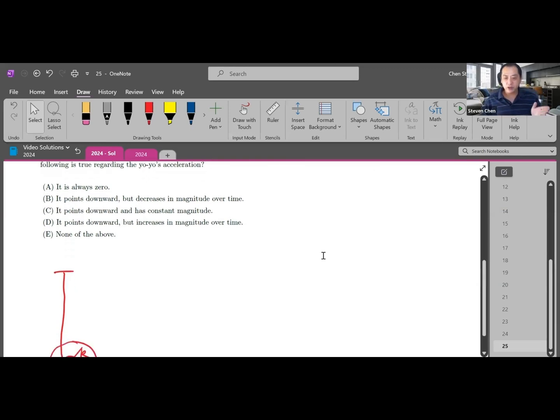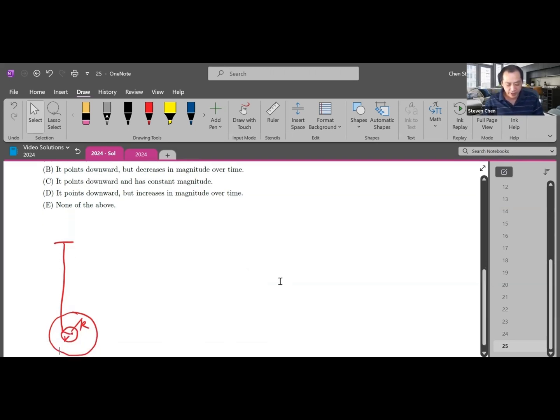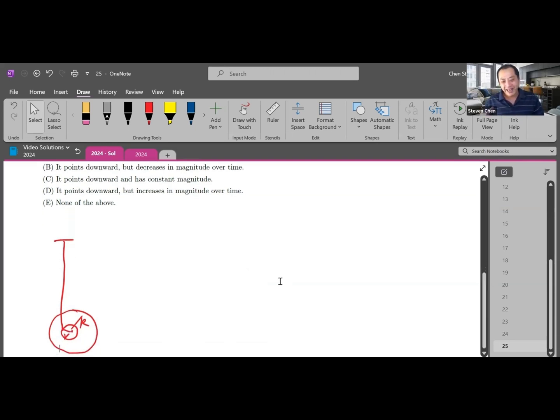But since we assume that the string, although it has thickness that is not negligible, is much, much smaller compared to the radius r here, if you make this approximation, then the vertical acceleration is much, much bigger than the horizontal acceleration. So you can focus on the vertical acceleration. In the rest of the analysis, let's focus on the vertical acceleration, okay?